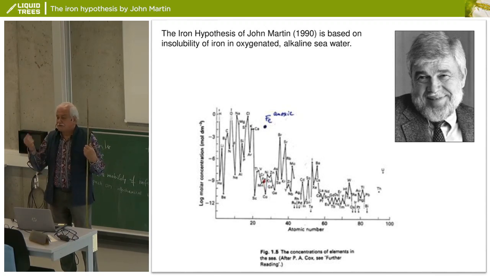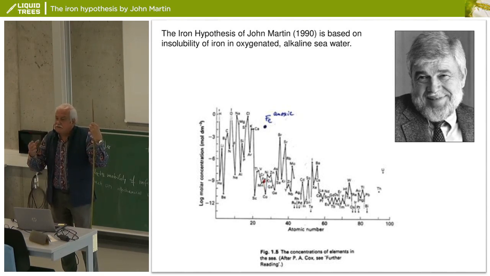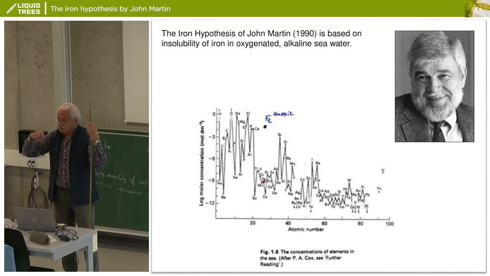Now, this is in the late 80s, and he did about 3 experiments, 3 bottles in the Antarctic, where they took seawater samples with extreme precaution, and where they could show that the iron concentrations were below around 0.1 nanomole.